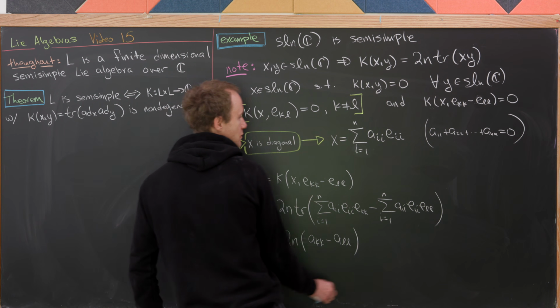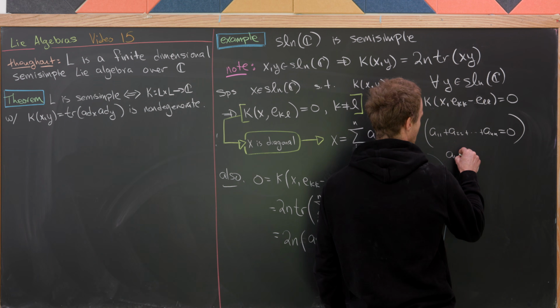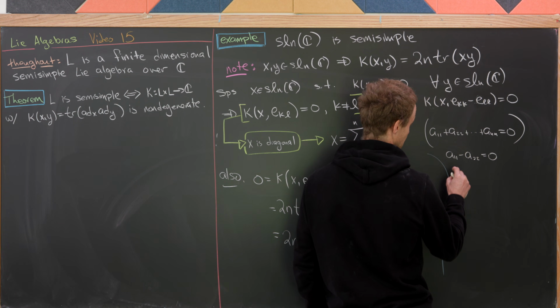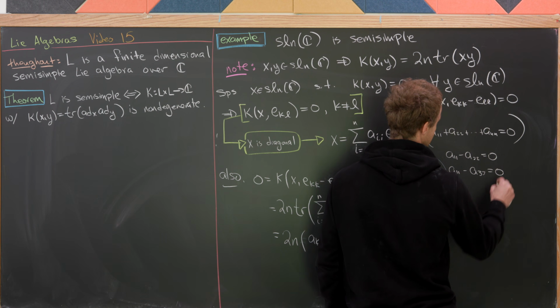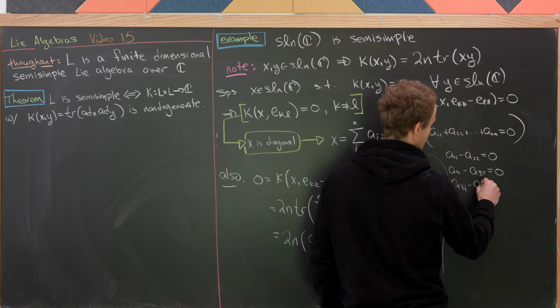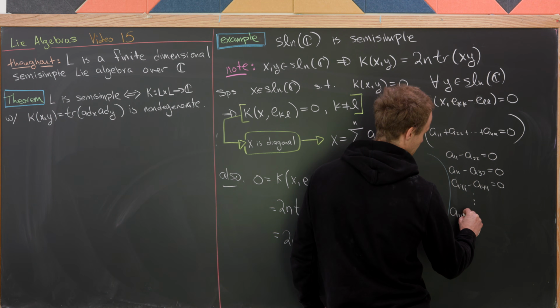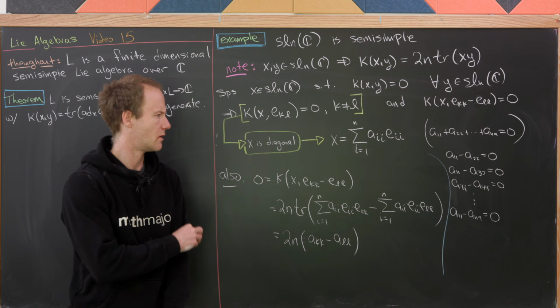So let's maybe move that over here. So we also have a_11 minus a_22 is equal to 0. a_11 minus a_33 is equal to 0. a_11 minus a_44 is equal to 0. All the way up to a_11 minus a_nn is equal to 0.